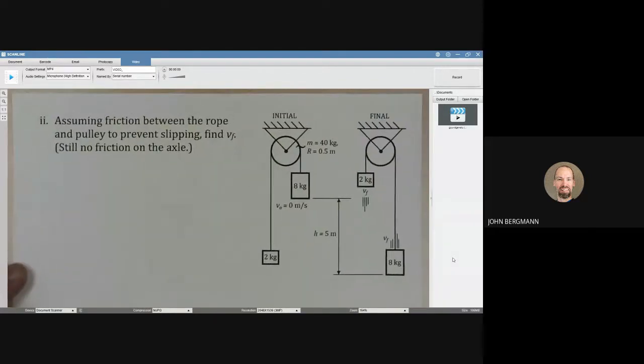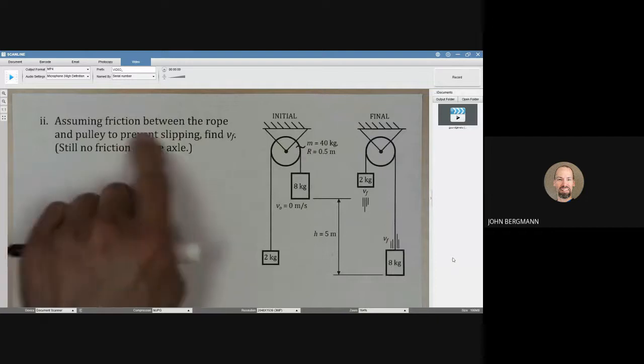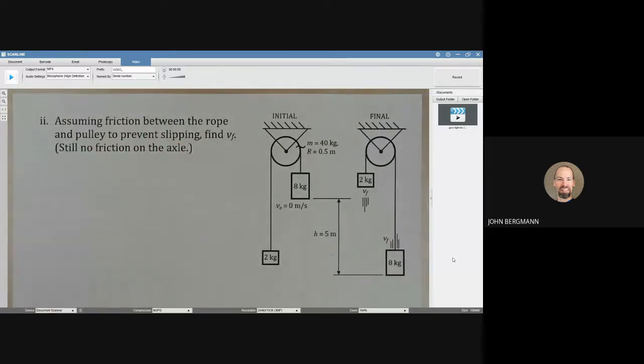What if now there's enough friction between the rope and the pulley to prevent slipping? In the first example, the pulley wasn't rotating at all. Now it is going to be rotating, so we're going to need to consider the moment of inertia of this pulley.